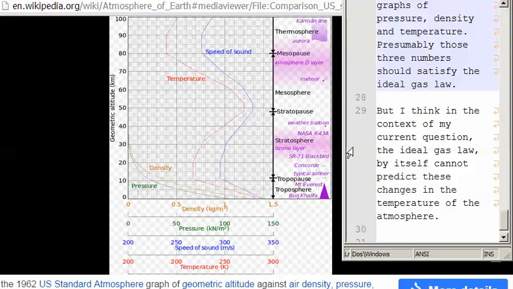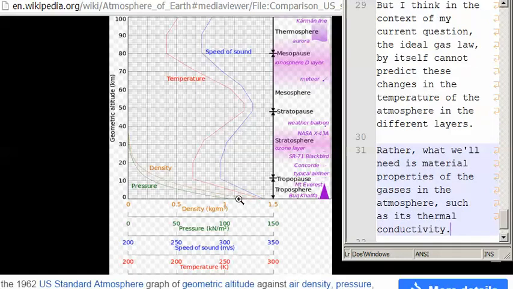But I think in the context of my current question, the ideal gas law cannot by itself predict these changes in the temperature of the atmosphere in the different layers. Rather, what we'll need is material properties of the gases in the atmosphere, such as its thermal conductivity.